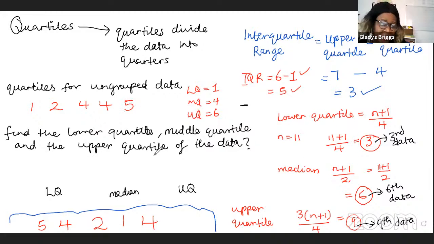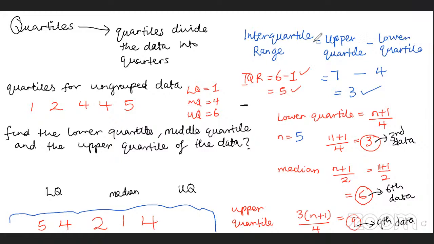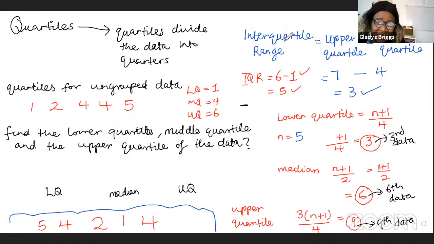Okay. So here, lower quartile, n is equal to 5. Did anybody do it up to this extent? So what did you get here? 5 plus 1 over 4.